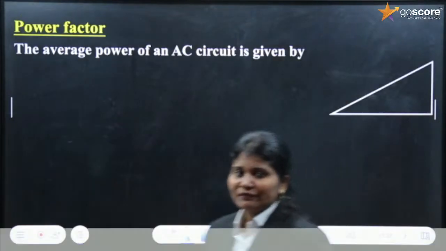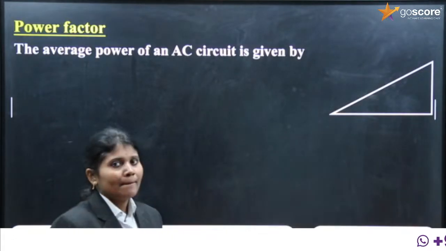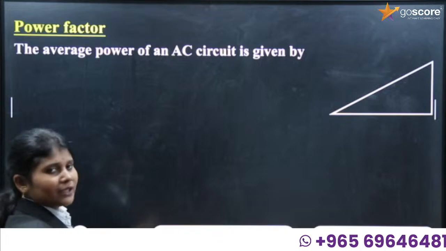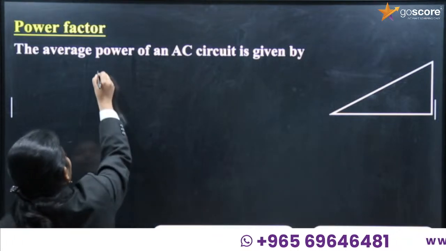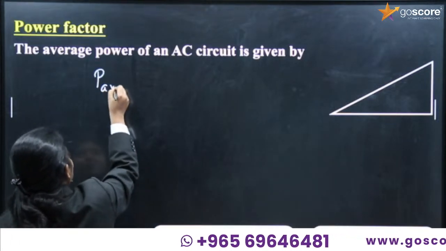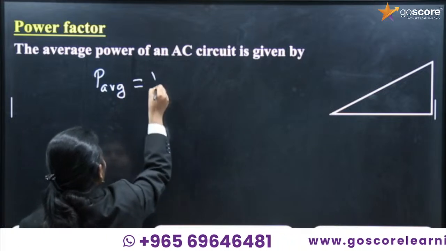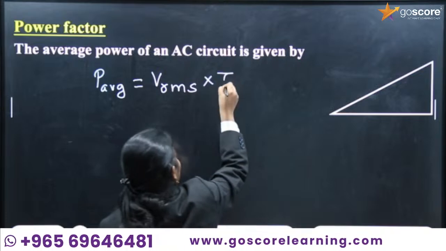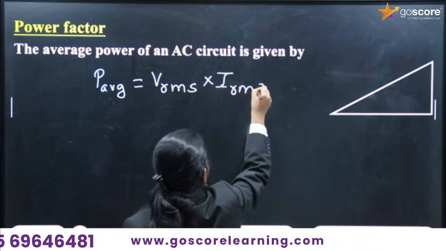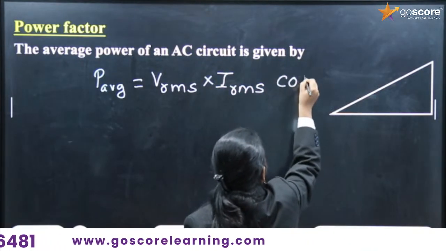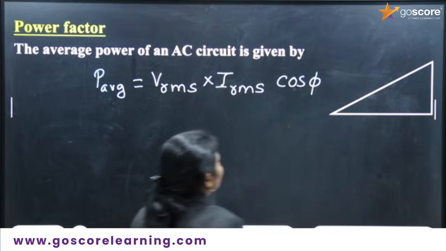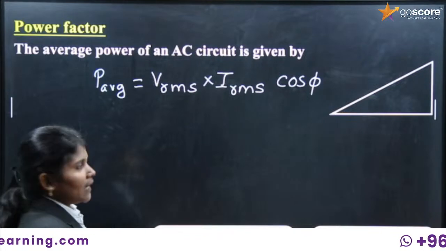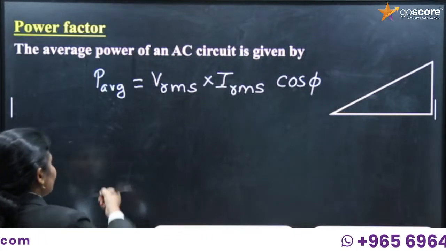Next one is power factor. The average power of an AC circuit is given by, as we know already, P average is equal to VRMS into IRMS cos phi.